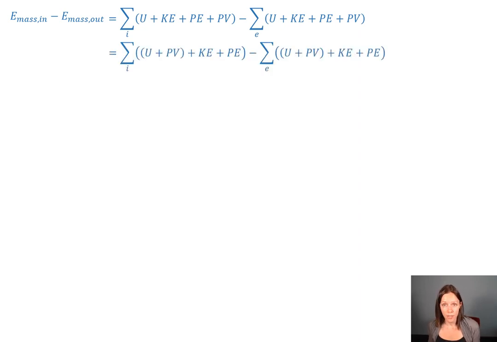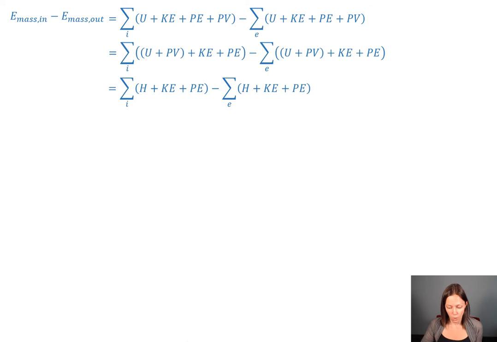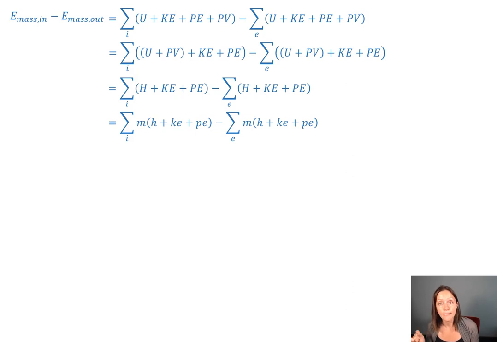If I rearrange that and I put the internal energy and the flow energy or flow work terms beside each other, I notice that that's just the definition of enthalpy. So, all right, well, I'm almost ready. What I am going to do is put things in terms of little h, little kinetic energy, little potential energy, intensive properties that would be useful for me if I needed to look things up in my tables, for example.